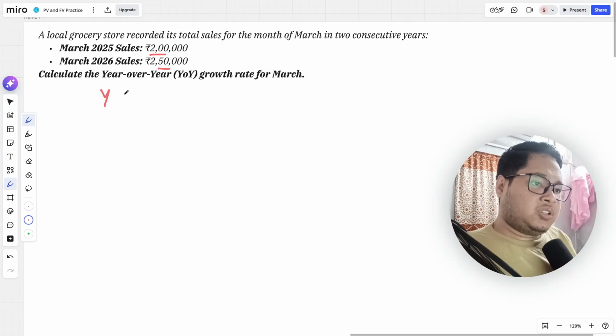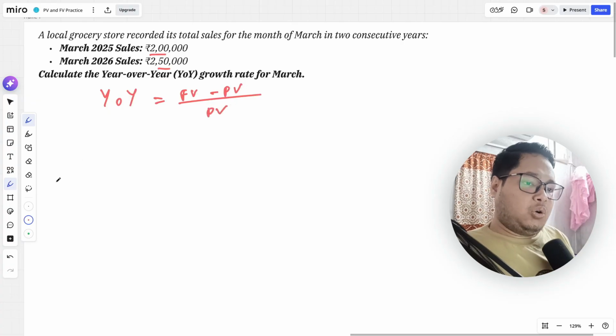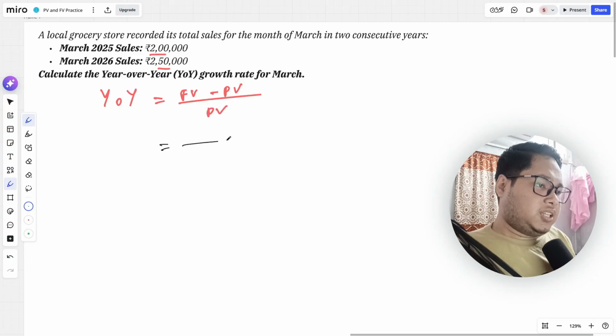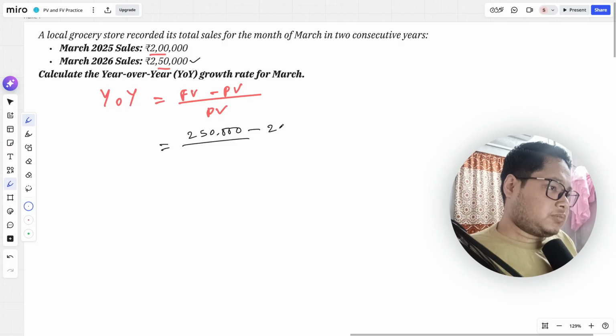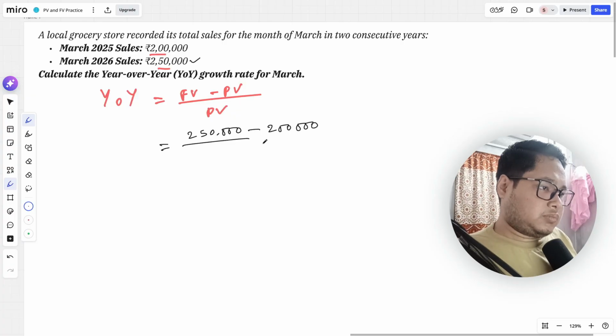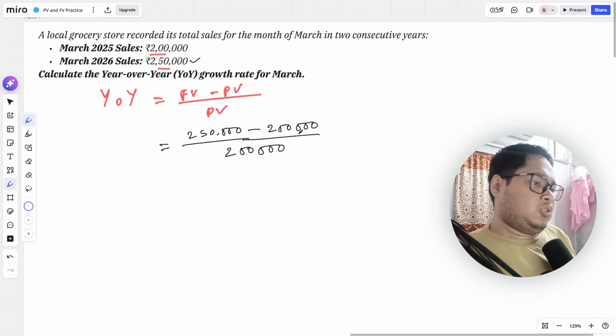So in that case, let me write down the formula once again. YoY equals (FV minus PV) by PV. All we need to do is just put the values in the formula. Our FV is the future value, we have to write it down here.